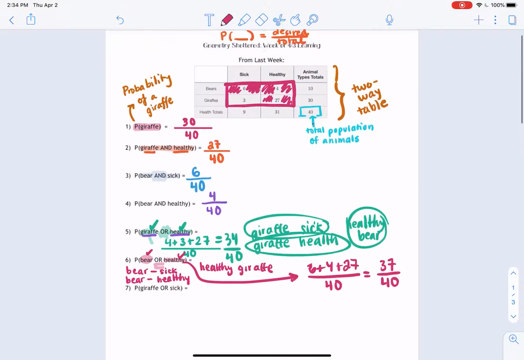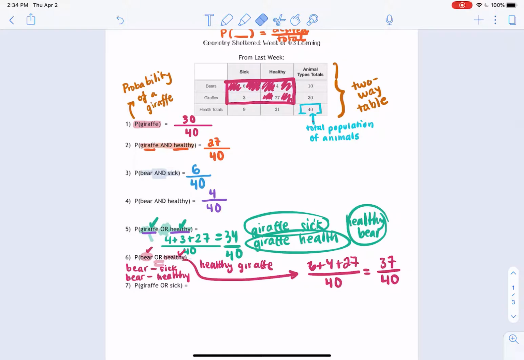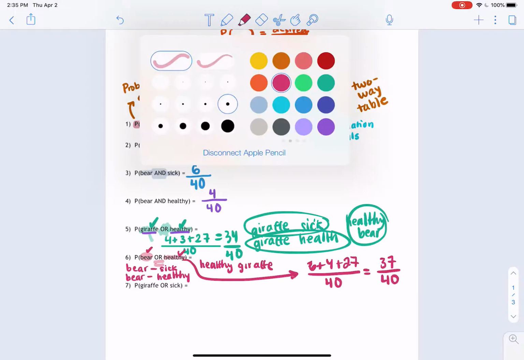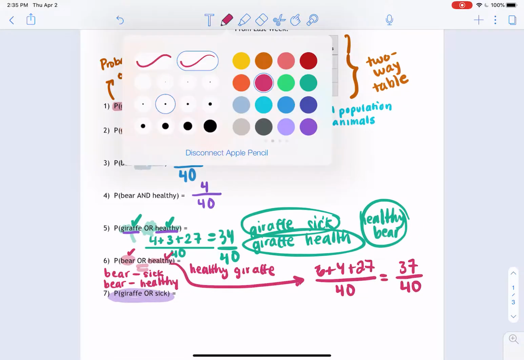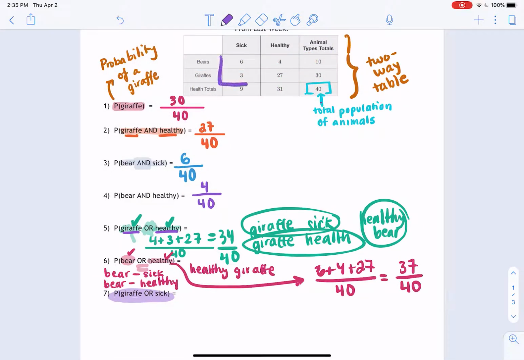Let's do one more on this video, and then you're going to try a couple on your own in Desmos and ask lots of questions in class, because that is the way we learn, through questions. Giraffe or sick. So a trick is to go up to the box in these 4 boxes which fit the categories of giraffe. Here and here.